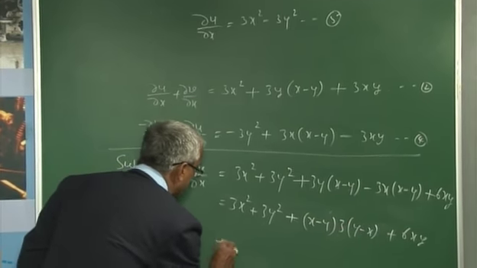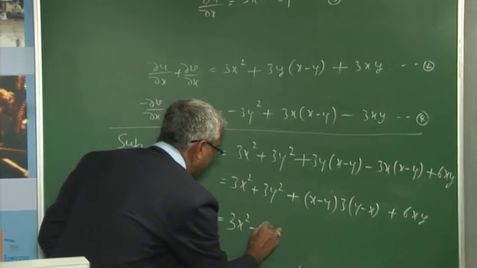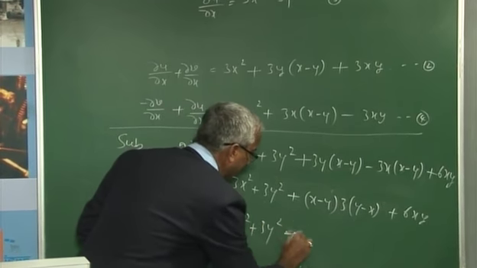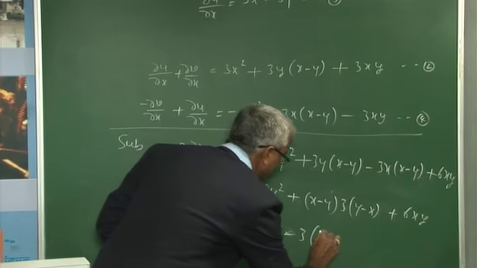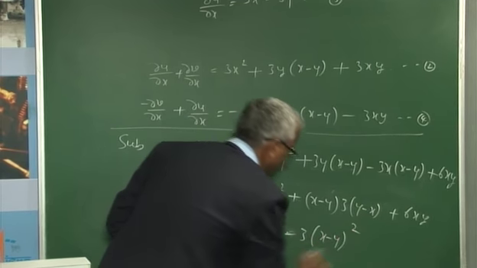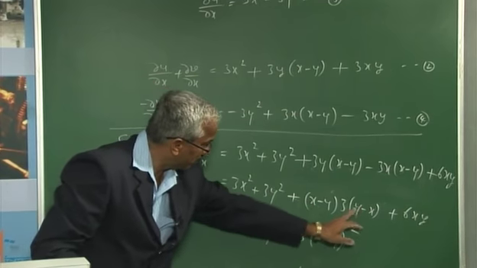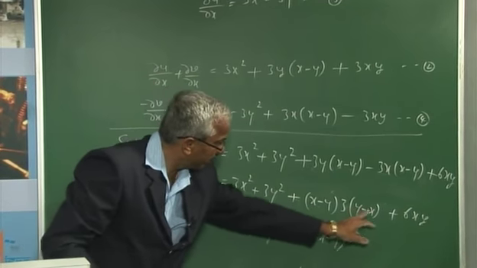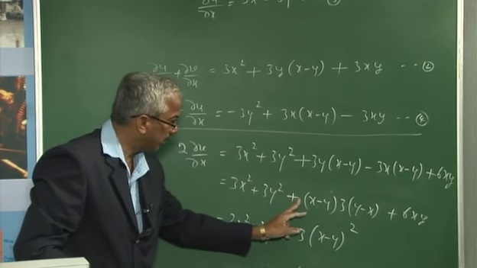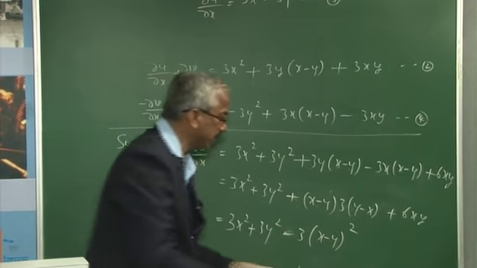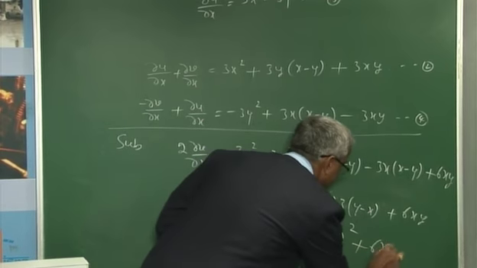Here I am using x minus y as a common factor. Now, this gives 3x squared plus 3y squared plus, taking minus 3 into x minus y whole squared, because if you take minus common factor, this will become y minus x. Therefore I get x minus y squared plus 6xy.